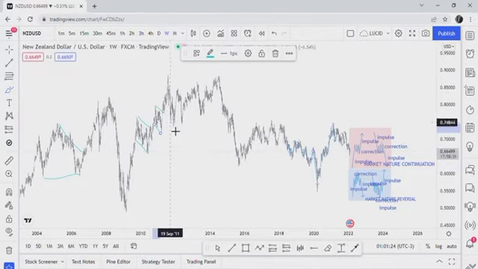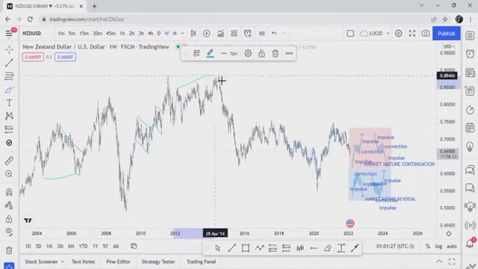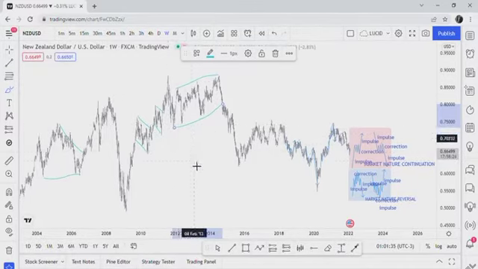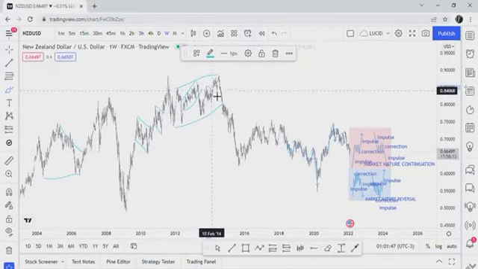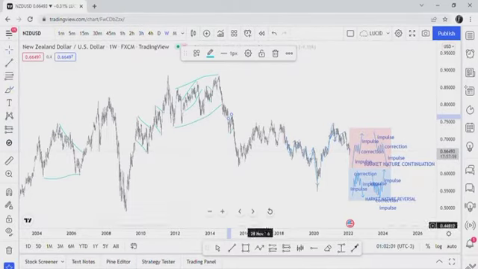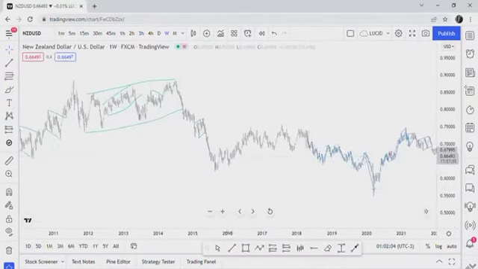Okay, we had this downward impulse and we had this correction, impulse, correction, impulse, but then we had little movements within impulse, correction to the upside, reversal, impulse, correction to the downside, continuation, impulse, correction, impulse. Alright, impulse, correction, impulse. Then we continue to drop down, right?